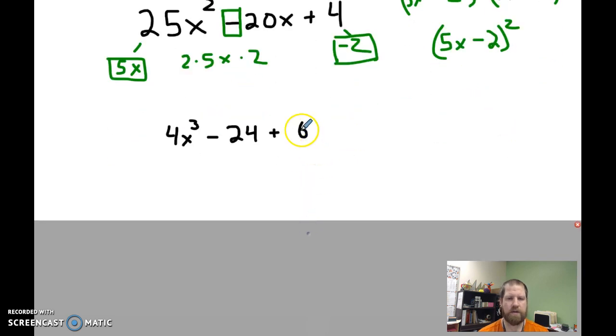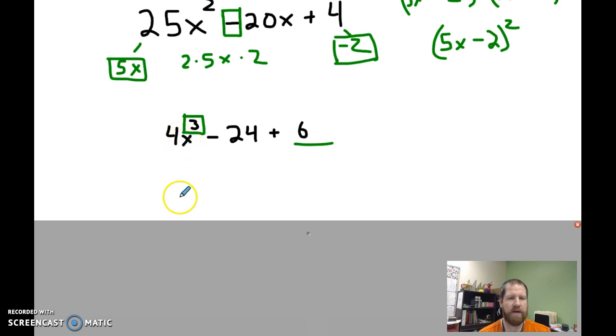This one's got actually a lot of things wrong with it. First of all, 6 is not a perfect square. 24 doesn't even have an x on it. And then 4x cubed, anytime you have an odd exponent, there's no way that this could be the result of the same number squared.